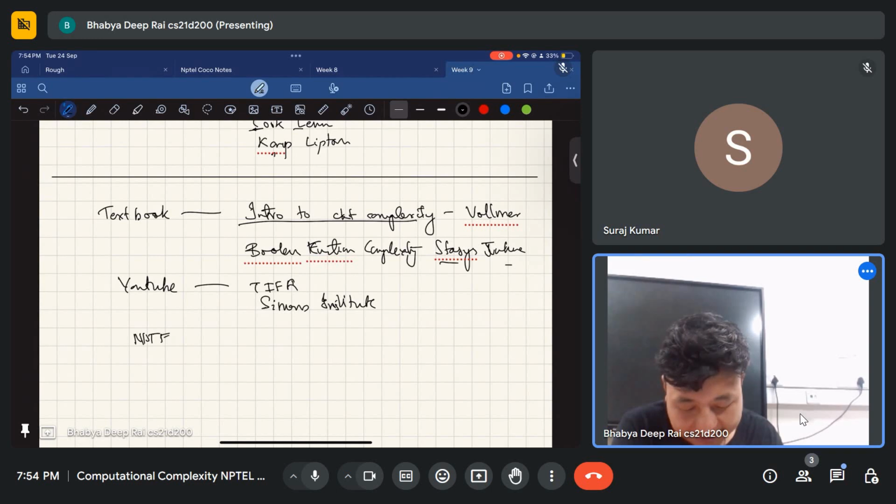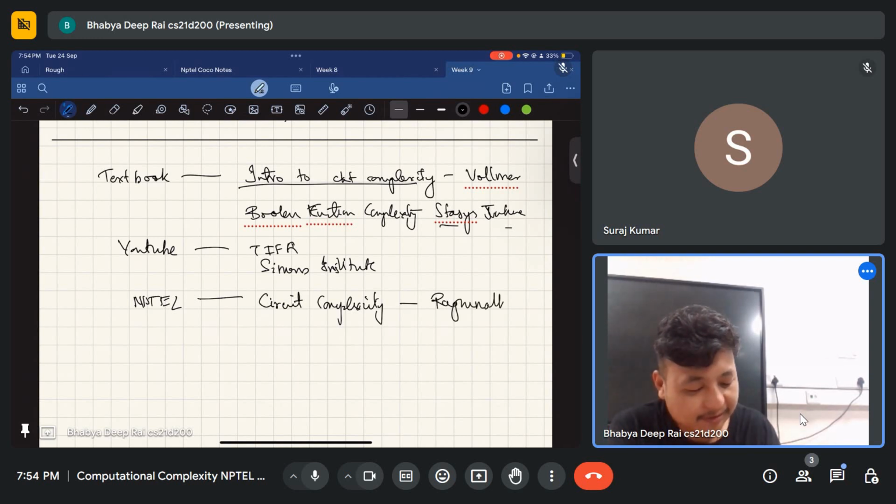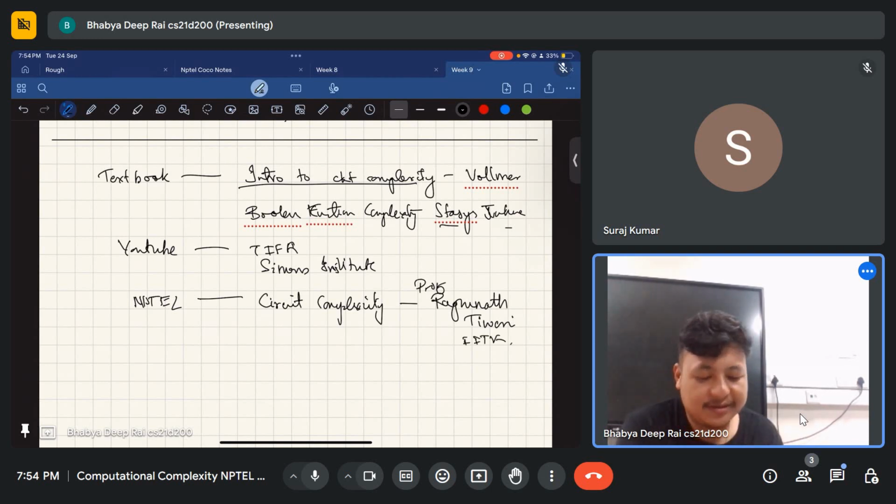And on NPTEL, there is a dedicated course for circuit complexity, and this is by Raghunath Tewari, a professor at IIT Kanpur. He has done a wonderful course on circuit complexity theory in NPTEL. So you can check these out.